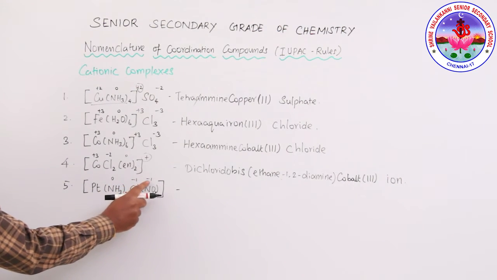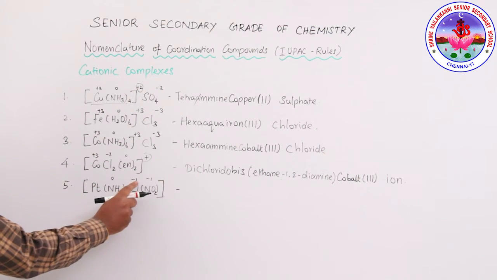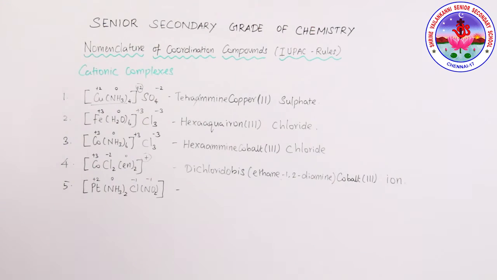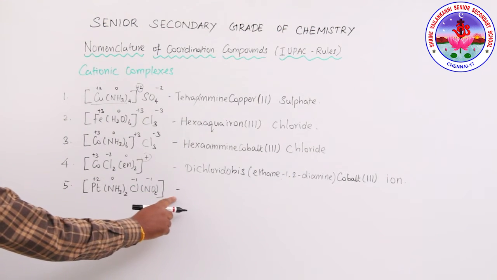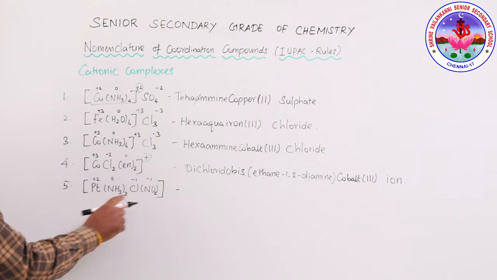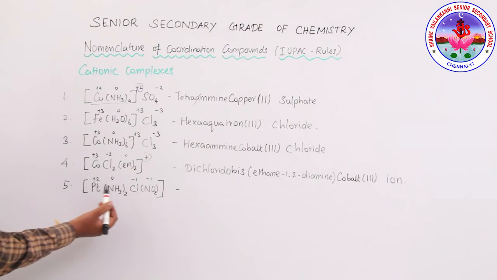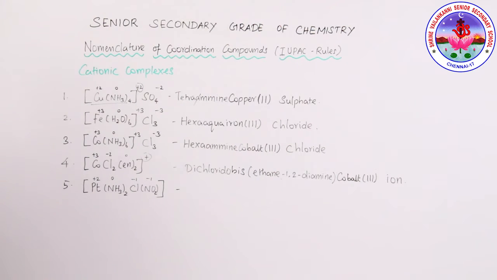This -1 and -1 makes -2, so the metal could be +2. The platinum has +2 oxidation state, because there is no charge or counter ion, so the complex charge should be 0. That is why this will become +2.